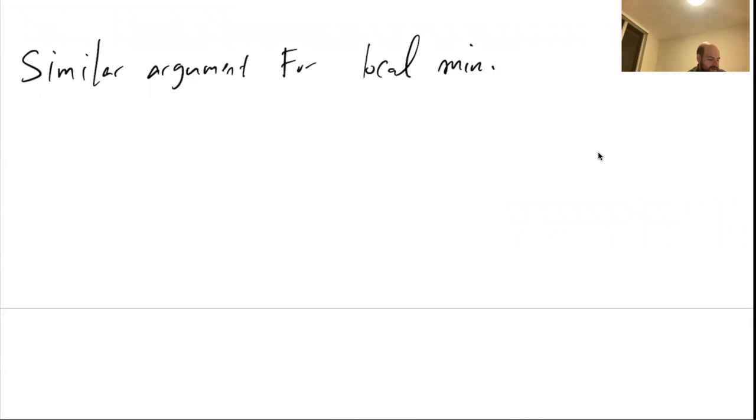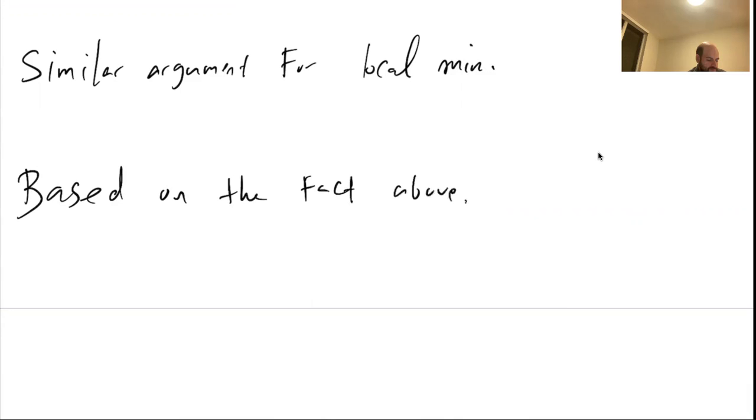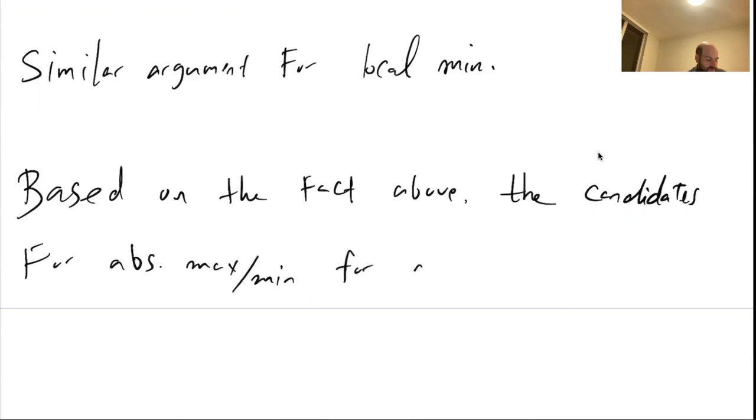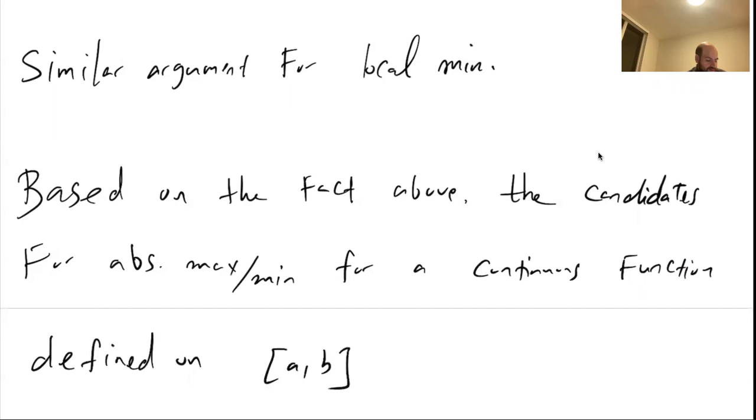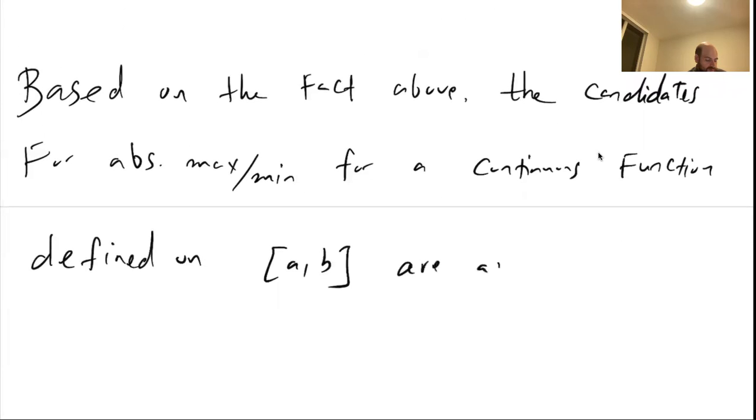So based on the fact above, the candidates for absolute max and min for a continuous function defined on, let's say, a closed finite interval a to b are as follows.